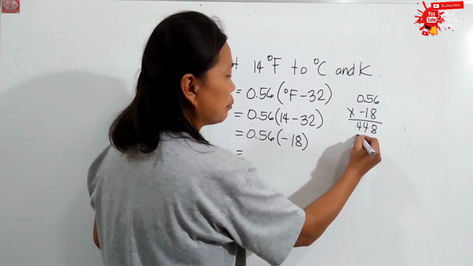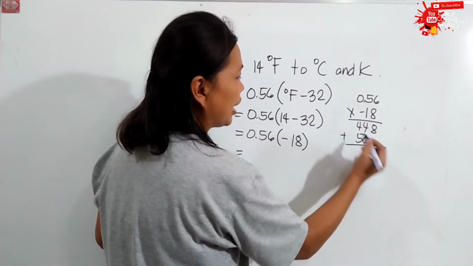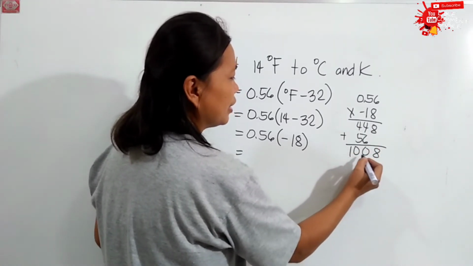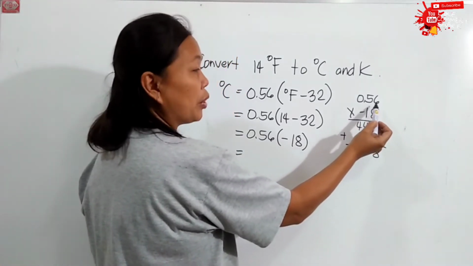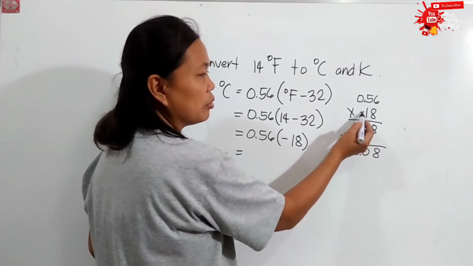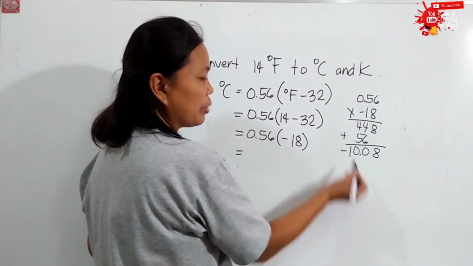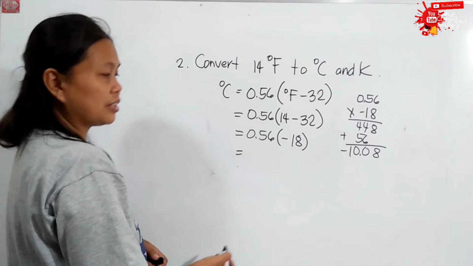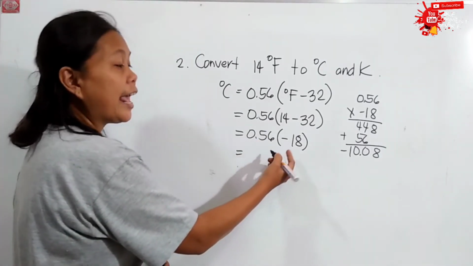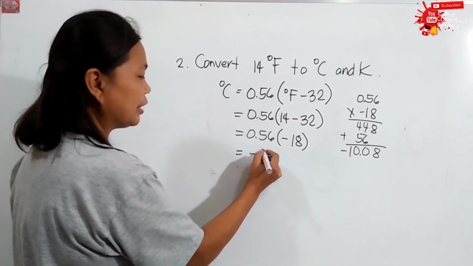Then we have here 56 because multiplying it by 1, so we have to add it. 8. We have 10, carry 1, so 10. Let us count the decimal point. We have 2, so we have 10.08. But since we are multiplying two integers with different signs, we have negative 10.08. So the product of 0.56 and negative 18 is equal to negative 10.08.